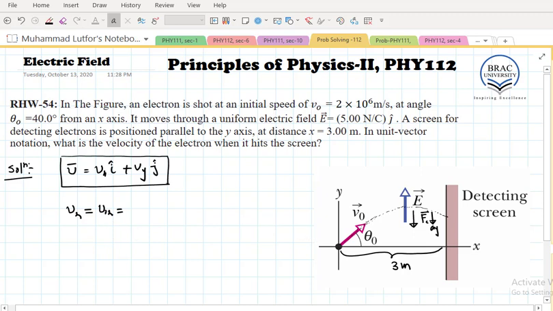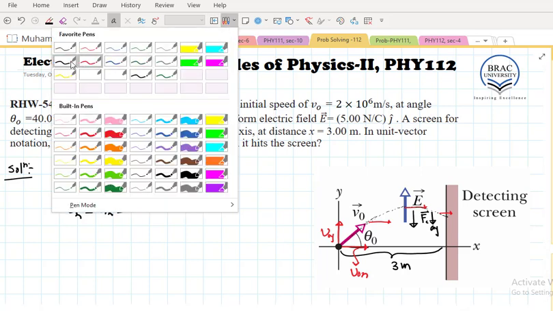Whatever its initial horizontal component was, it will remain the same throughout its trajectory, right? That we can also know from projectile motion. This will be my V naught x, and there will also be a vertical component, V naught y. V naught y is the initial component of the velocity along the vertical direction, and V naught x is the initial velocity of the electron in the horizontal direction.